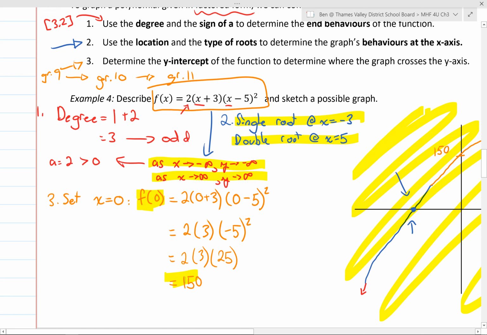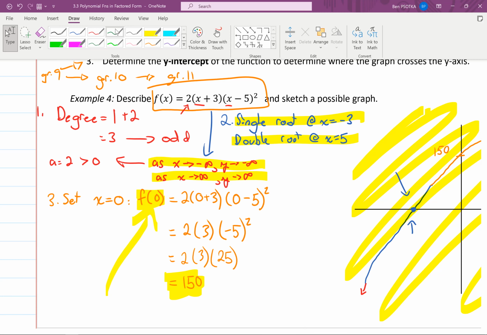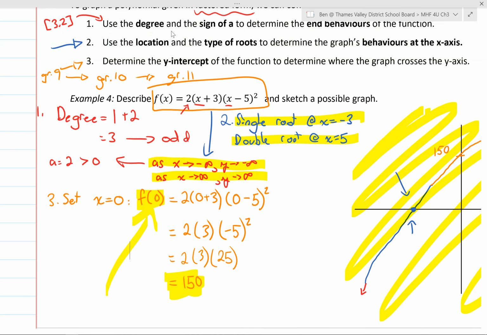So we need to be careful. When we're setting this up, we're explicitly saying, using our function notation, because we're in grade 12, that we're evaluating f at 0, and then we're going through. So we also need to show our argument for it. We need to show how we know, because we're showing off our skills on an assessment. So we need to say, okay, I know that the degree equals 3. I know that's an odd number. I know that my a value is greater than 0.